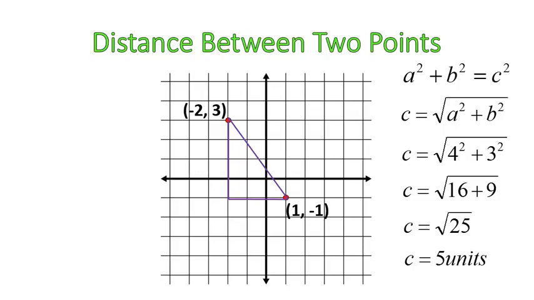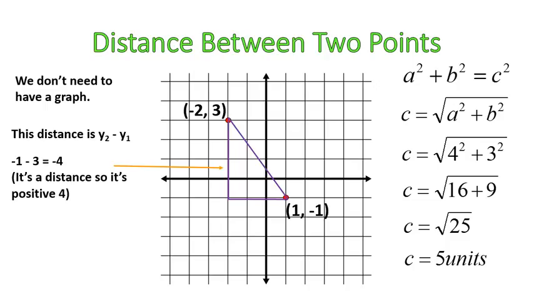Now, what if we're not given those distances? We actually don't even need a graph, but the distance from up and down is the change in your y values, y2 minus y1. And our y2 value is -1, and our y1 value is 3.